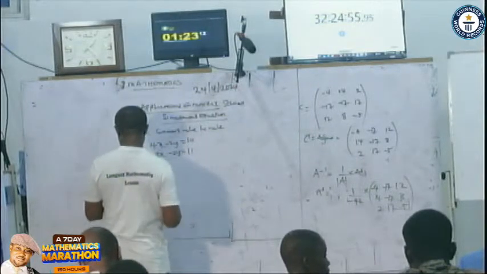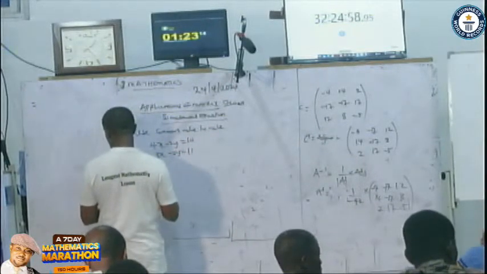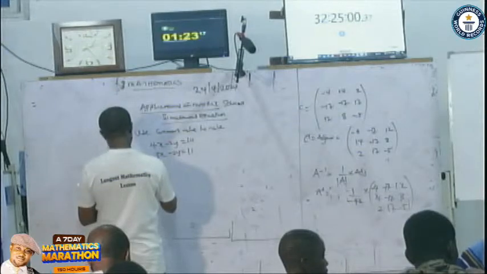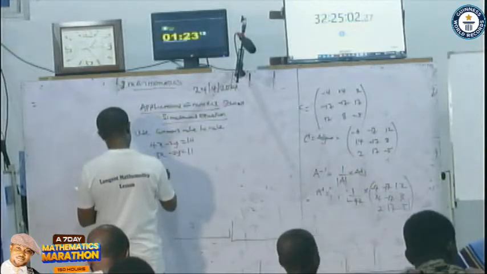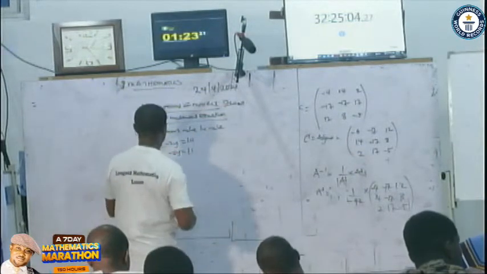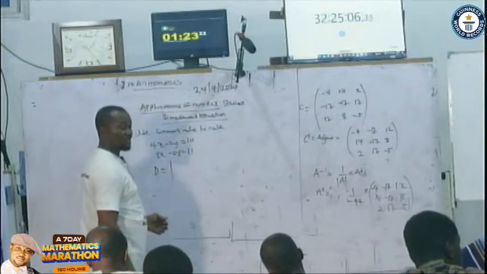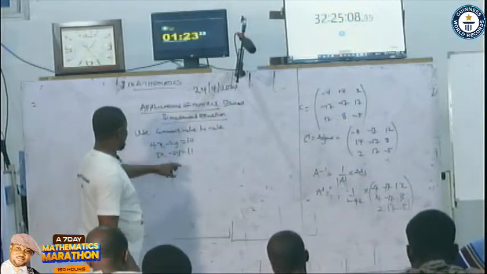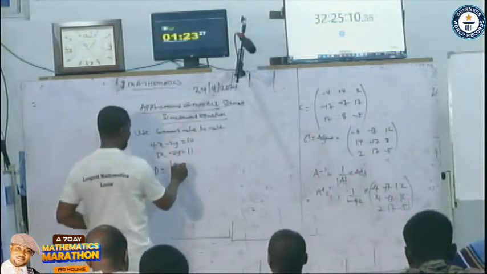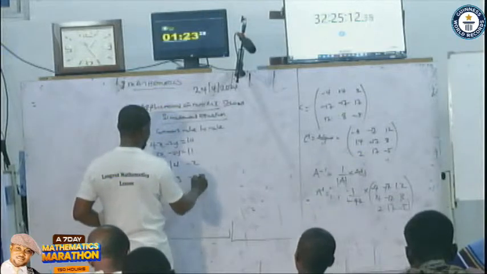So the use of Cramer's rule to solve this equation is, first, you bring out those coefficients. In this case, you have 4, minus 2, 3, minus 5.